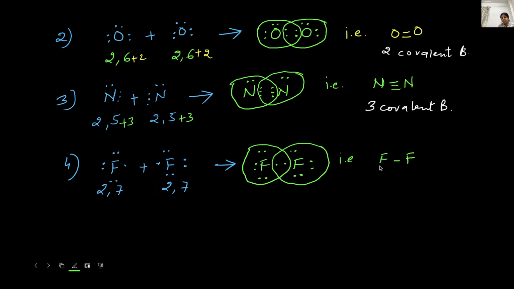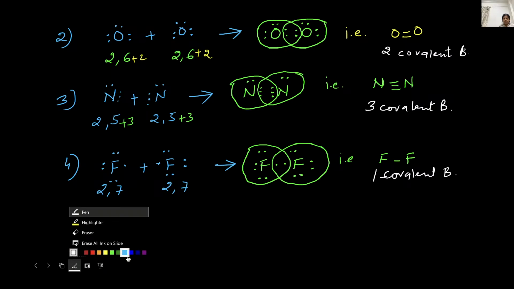See here, there is a formation of 1 covalent bond in case of the fluorine molecule. So this is how the formation of covalent bond occurs in case of some molecules.